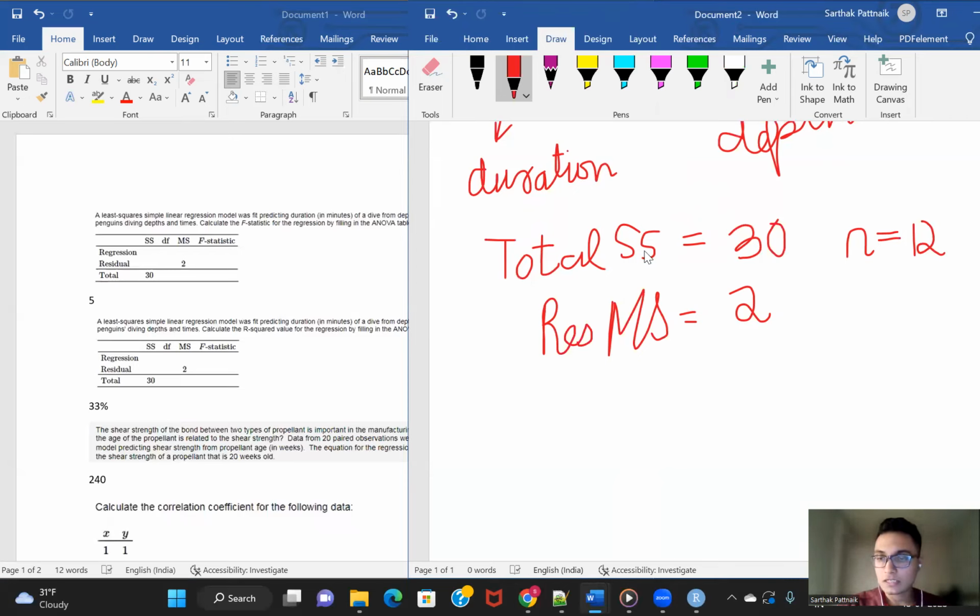Also, for a simple linear regression model, your value of k is equal to 1.